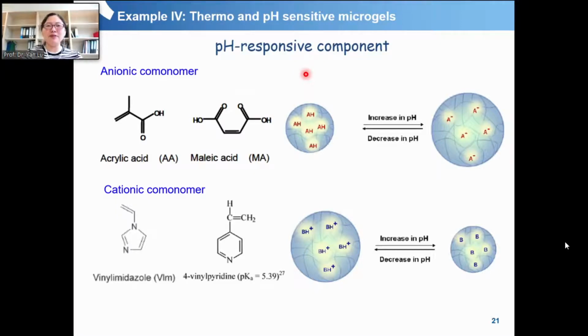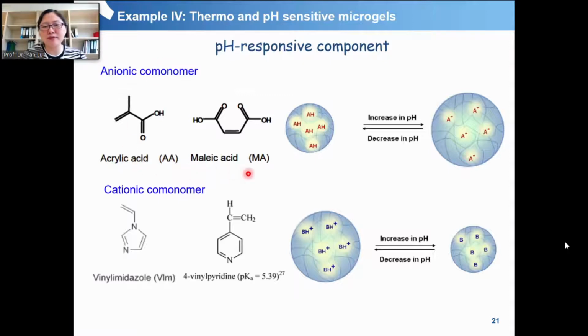Another point I also want to discuss with you is that you can give additional functionality to your microgel system. In this case, for example, you can also generate a temperature and also pH responsive system. So this is our typical case.